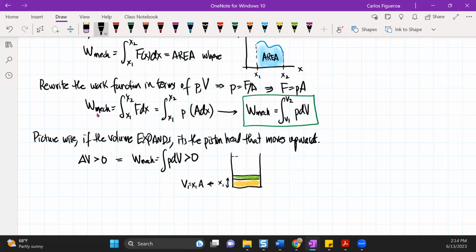Now, if this moves up to, let's say, this height right here, the piston has expanded, which tells us that the volume is going to be bigger because x2 is larger, which implies that V2 is greater than V1.